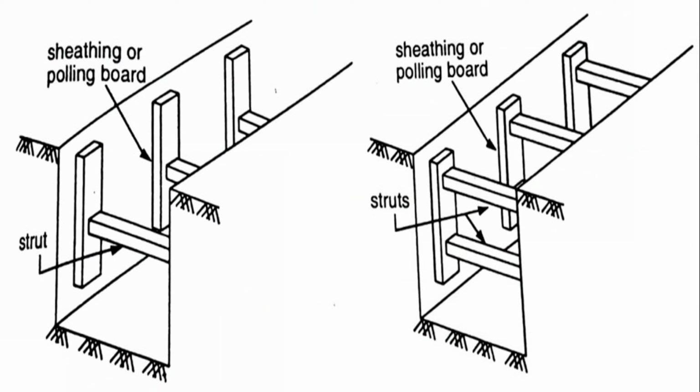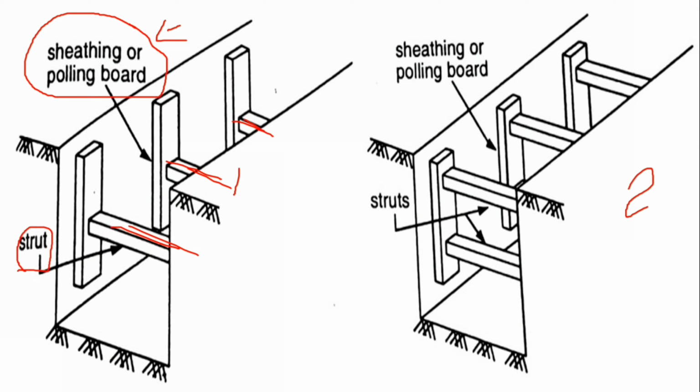Consider this is figure number 1 and this is figure number 2. In figure number 1, the vertical sheet, also called the poling board, is first placed according to our requirement. Then the poling board is fixed with the inclined member, which is the strut. So what is the procedure? First we provide the trench, that means we go with the excavation.